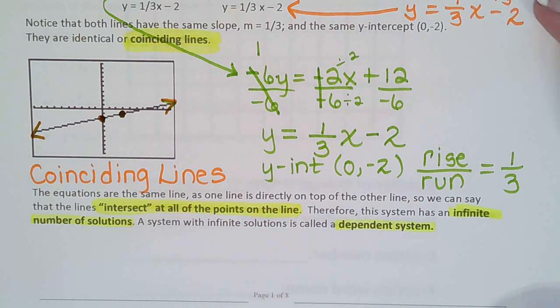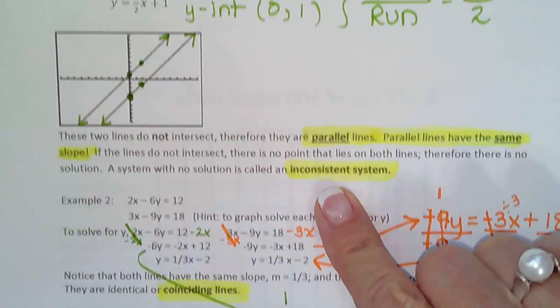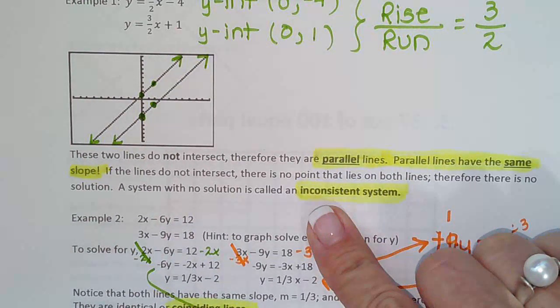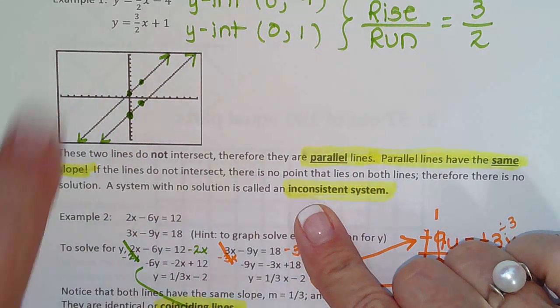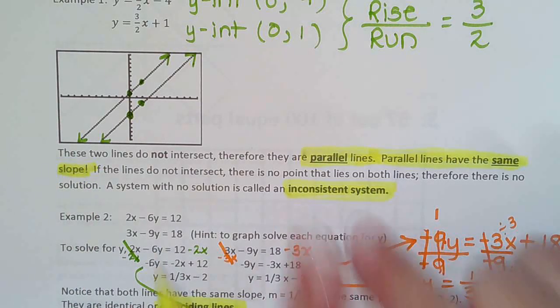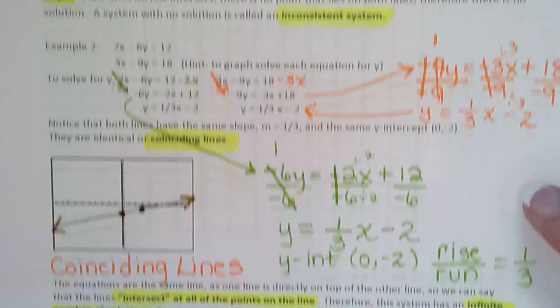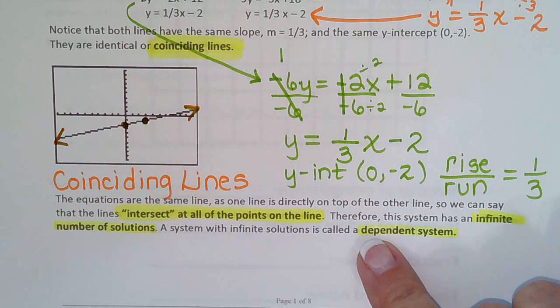And you know how I always make up tricks to remember stuff. So up here, I said you can remember inconsistent because our most common situation is when two lines cross in one point. So when they don't cross at all, that's not common. So that's how I remember inconsistent. On this one, it's easy to remember because one line depends on the other line because they lie right on top of each other.